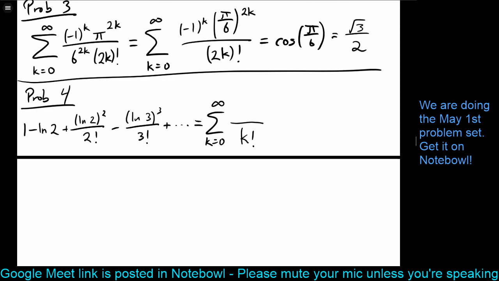It's alternating plus minus plus minus, so you're going to have negative 1 to the k. And each time here, this is just ln of 2, not 3. Each time here, this just goes up in power. This is ln of 2. Okay. Any ideas yet?